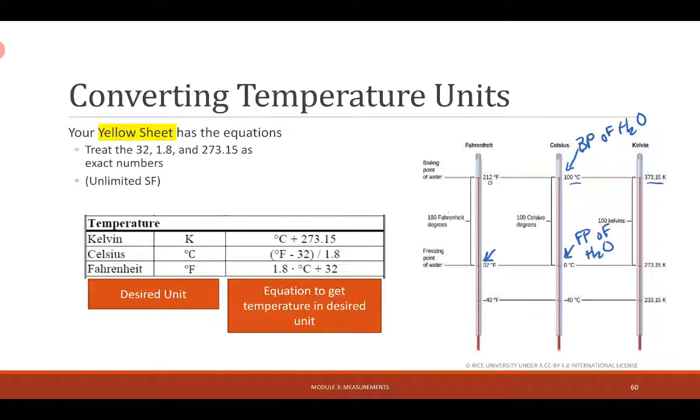And then you can derive the equation if you ever forget it. This minus 32 and plus 32 is to adjust where the 0 point is for the freezing point of water. Because obviously if you're at 0, then you're going to need to bump it up to 32, because 1.8 times 0 is 0.